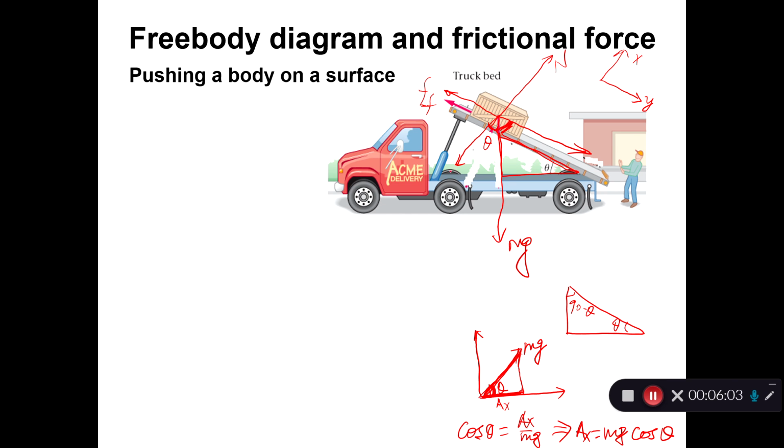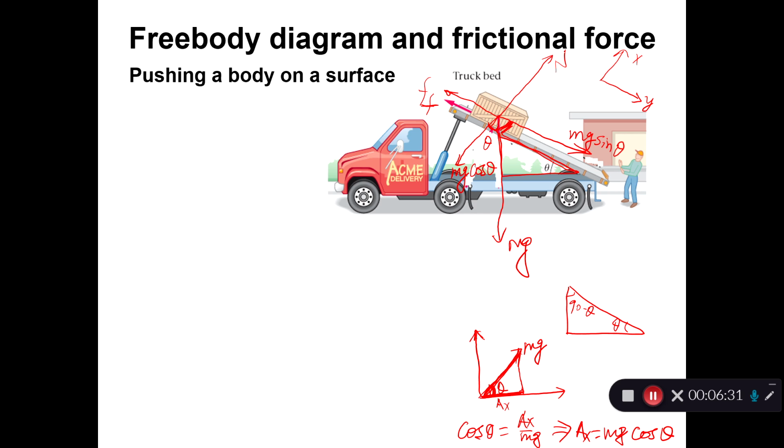So along this direction I have mg cosine theta, and the other component, perpendicular to this, is mg sine theta. Along the direction of motion, we have the frictional force and mg sine theta.